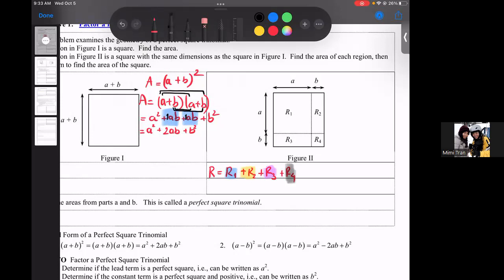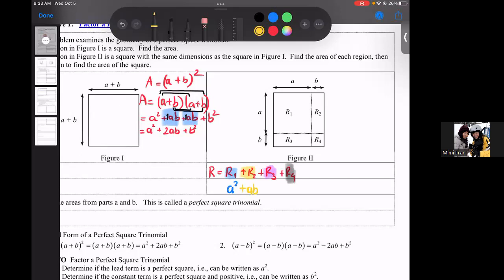A times A, which is A squared, right? So A squared. What's the area of R2? Remember, area is length times width. Length is A, width is B, so AB, right? I put it in yellow, so plus AB.